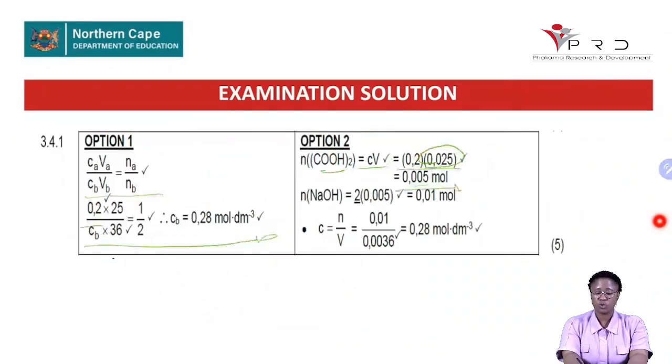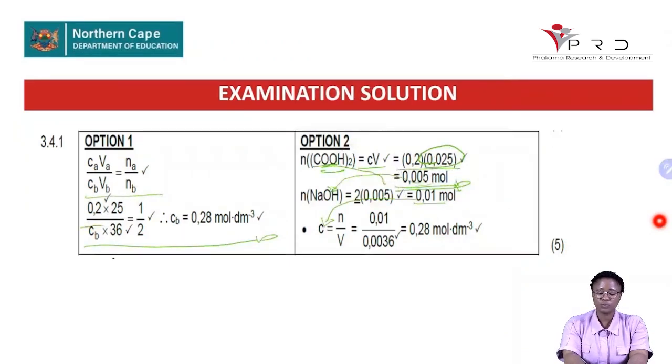That's why you get 0.025, and then you punch into the calculator, you get the number of moles as 0.005. Then from there you go to the mole ratio between sodium hydroxide as well as the oxalic acid. The ratio is 1:2. Then that's why the number of moles of sodium hydroxide will be 0.01.